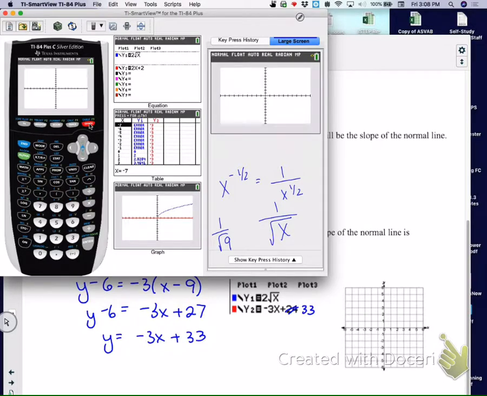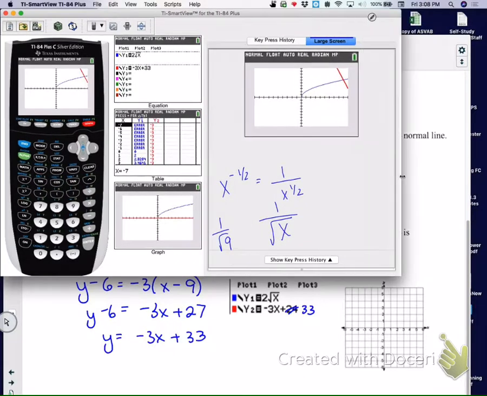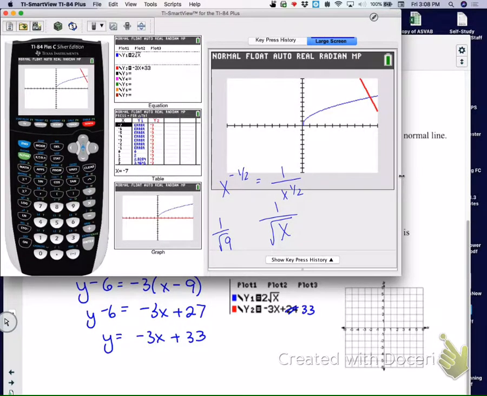Okay, graph. I don't know why the small graph there isn't coming out right. But there we go. I don't know how well you can tell there, but that normal line is making a perpendicular with whatever my tangent line would be there.